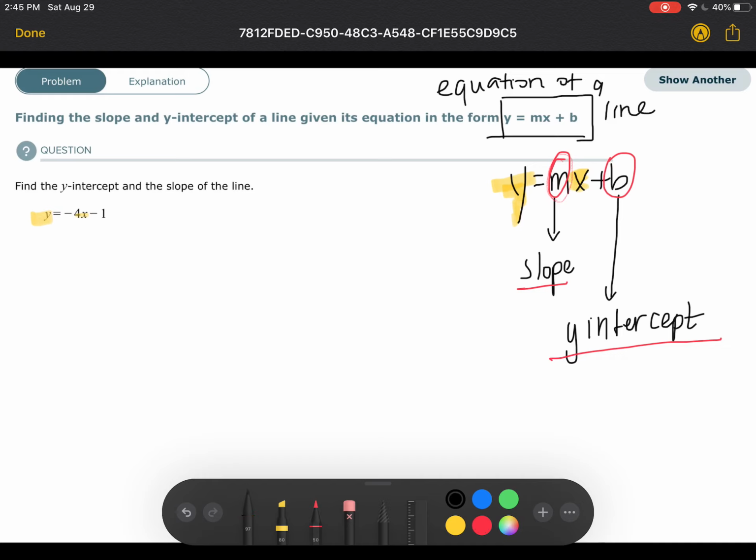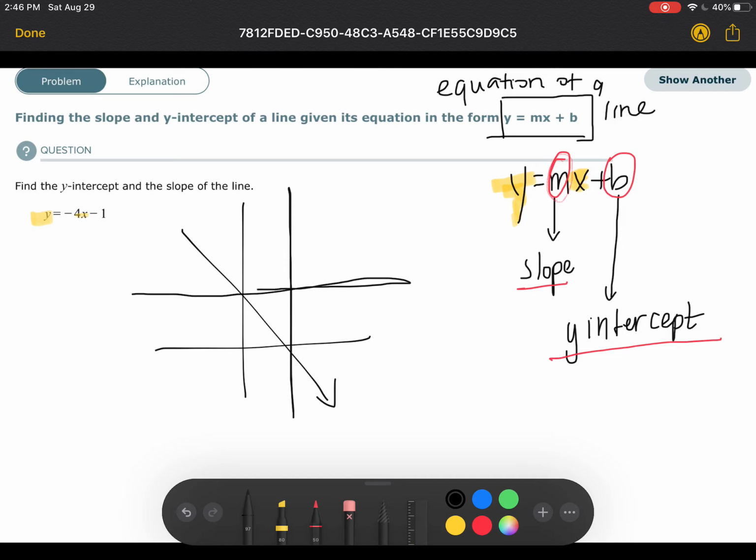So just a quick explanation of what exactly that means. If you have your graph and you have a line, your slope is saying what is the steepness of this line. Sometimes your slope will look like this. It'll go down. Sometimes your slope will be just straight up and down. Sometimes it'll be just left and right. It can go in tons of different ways.